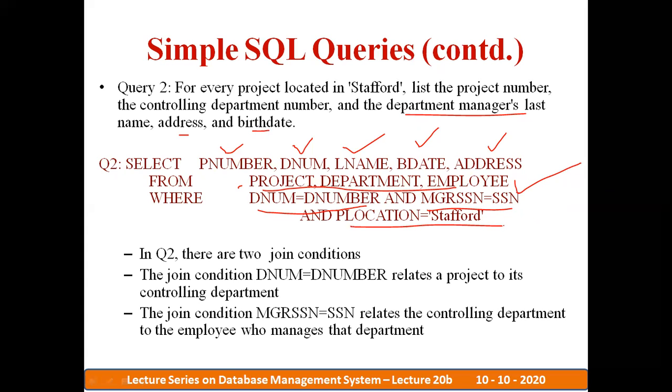So these are the conditions to be given. There are two join conditions. One is D number equals to D number, which relates the project and the controlling department, and the other is manager SSN with SSN, which relates the controlling department with the employee. That means three tables are there, so two joins are necessary.